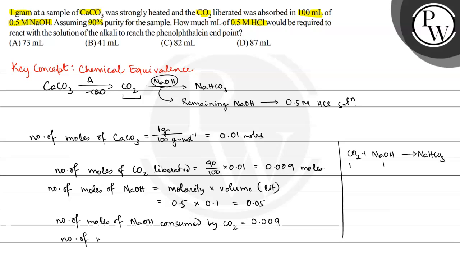So number of moles of NaOH left is equal to number of moles of NaOH present previously, that is 0.05, minus number of moles of NaOH consumed, that is 0.009, and this is equal to 0.041.